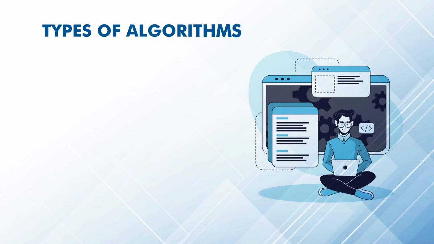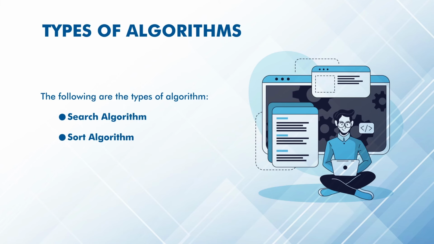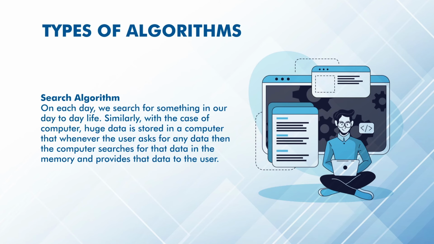What are the types of algorithm? There are basically two types of algorithm, categorized in a two-way. First is the search algorithm and second is the sort algorithm. Search algorithm: each day we search for something in our daily life.